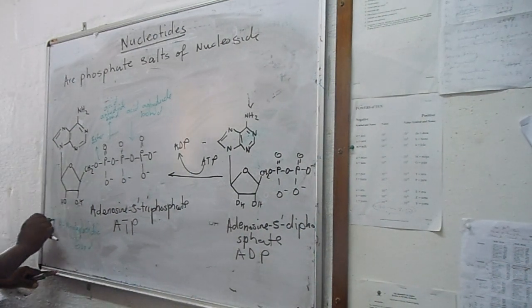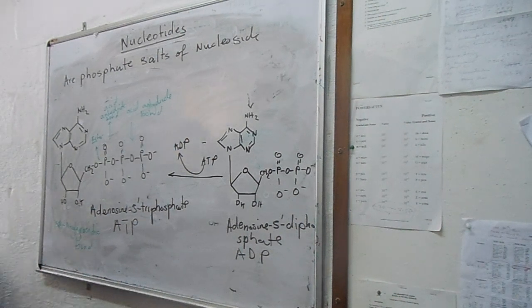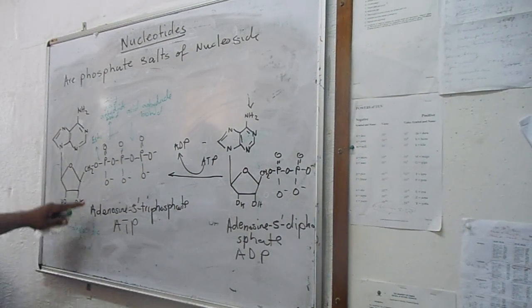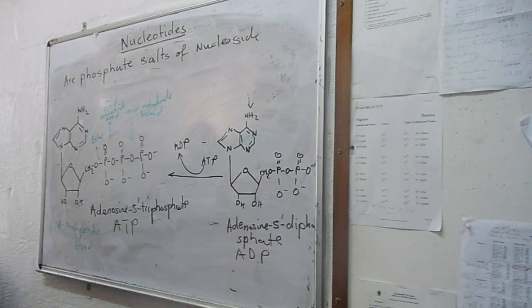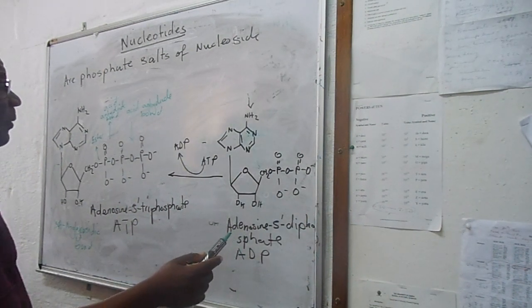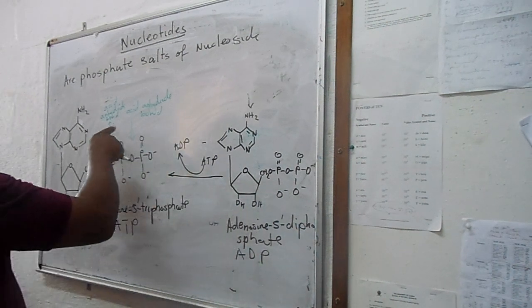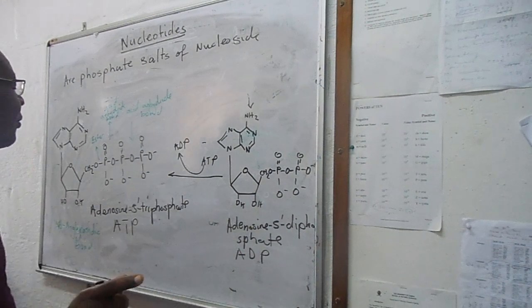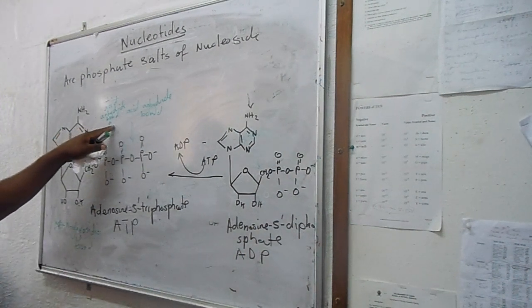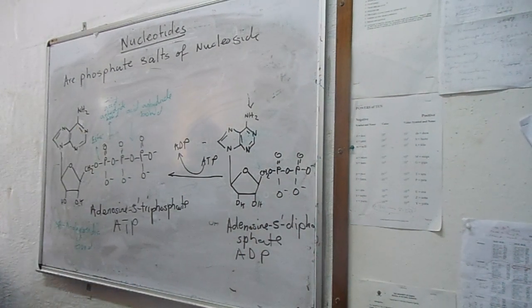So you see 4 bonds: beta N glycosidic bond, ester bond, acid anhydride bond, and acid anhydride bond. In a diphosphate, you only see 1 acid anhydride bond. In a monophosphate, you don't see the acid anhydride bond. So have that in mind.